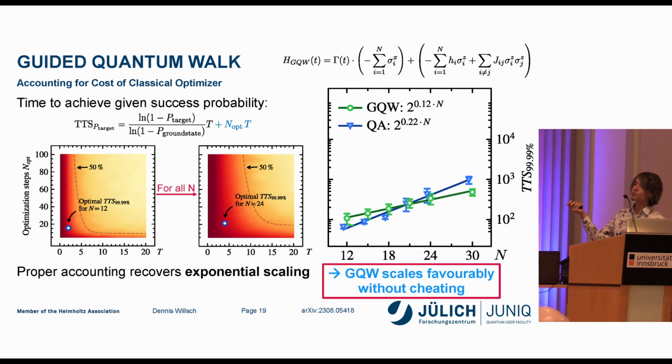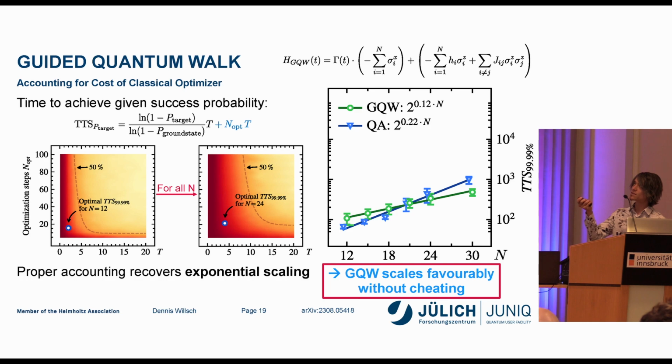And for very long evolution times, we would go into the quantum annealing regime. That's the reason why we compare to quantum annealing next. So for quantum annealing, we look at the time now to achieve 90% success probability. The reason is for quantum annealing, by the adiabatic theorem, we are guaranteed, we know that it works in the end if we evolve slowly and long enough.